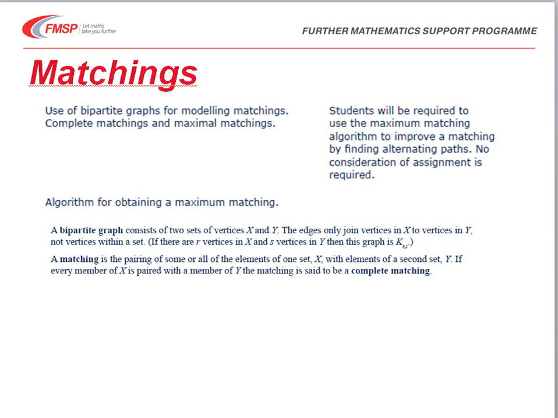The specification talks about the use of bipartite graphs for modelling matchings, the idea of complete matchings and maximal matchings. You may well be expected to define these things. So a bipartite graph means that we have got two sets of vertices.